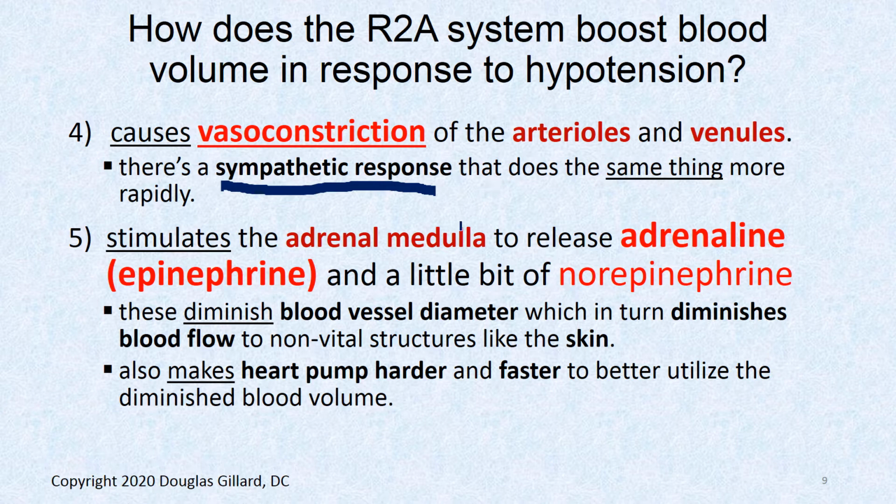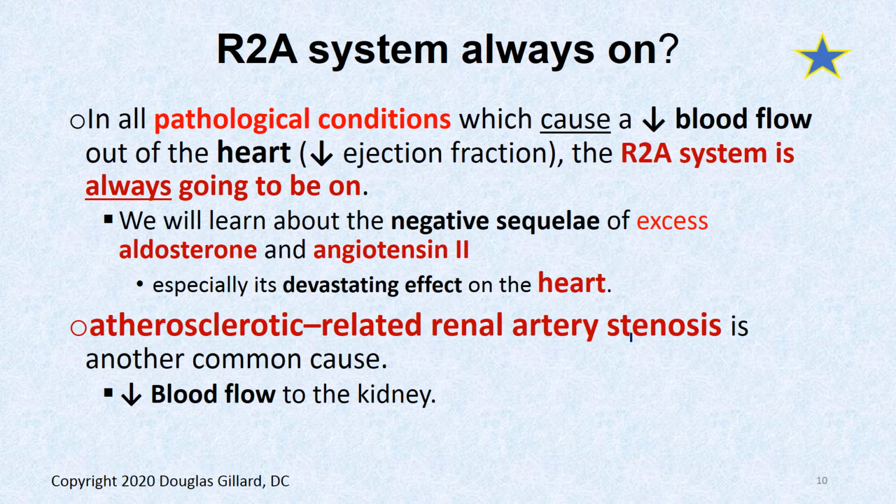But remember, these are targeted more for the skin, and they have more of an effect on the skin. In the dermis, there's a capillary system and a venous system that it shuts down. Epinephrine also stimulates the heart to pump harder and faster, because there's not much blood left, so what is left needs to be pumped around faster.